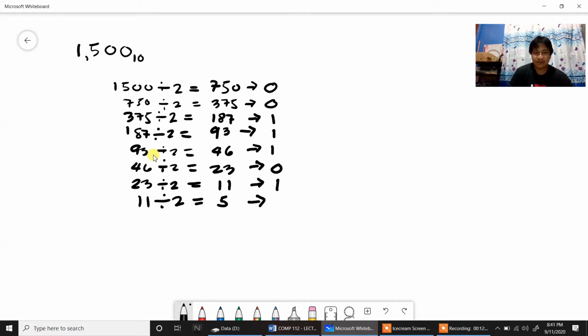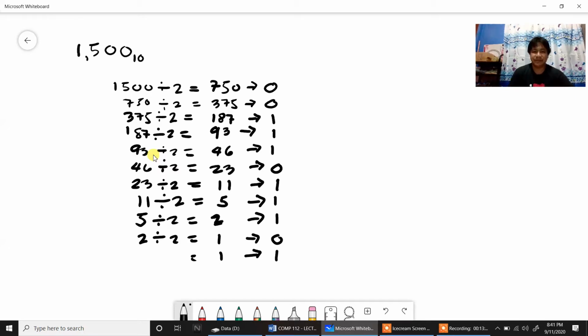So it is 1 again. Then 5 divided by 2 is 2.5. No? Since it is 2.5, it is 1 again. And then we get 2 divided by 2 is 1. So therefore this is 0. So as I've said a while ago, there is a remaining 1. Okay?